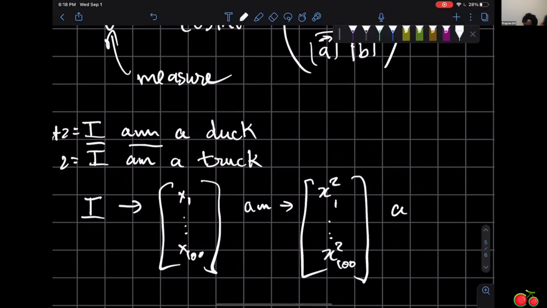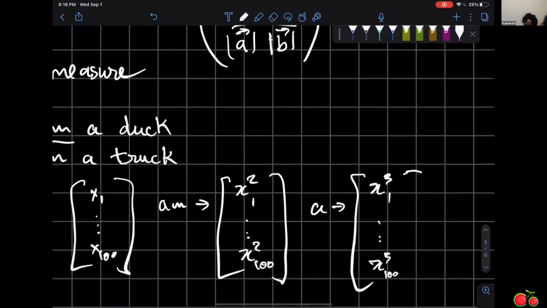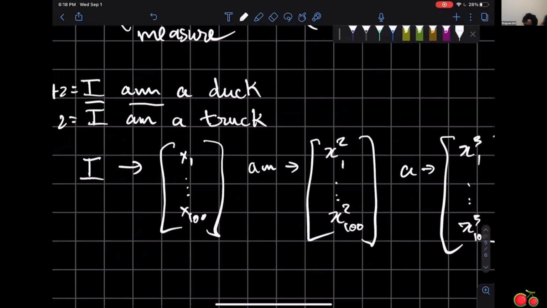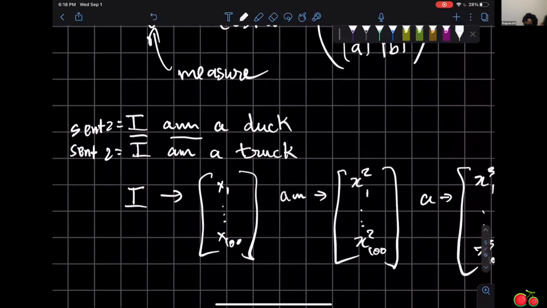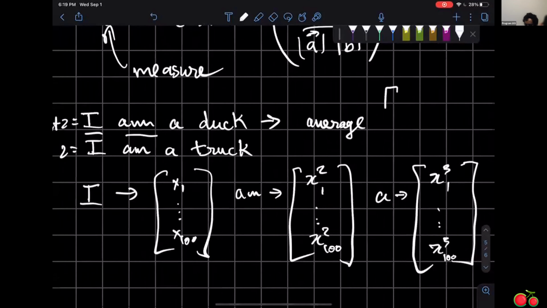Then A will have a vector representation of x3 all the way till x300, and so on. And what you do is you take the average of all these vectors. Okay, so you'll get some x average.